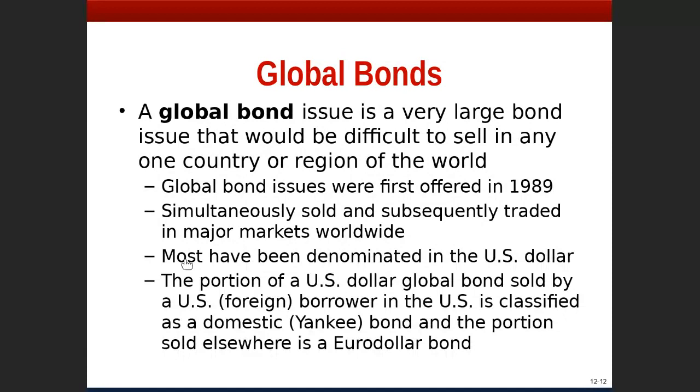They must be denominated in the US dollar. Now, the portion of a US dollar global bond sold by a US borrower in the US is classified as a domestic bond, and the portion sold elsewhere is a Eurodollar bond.